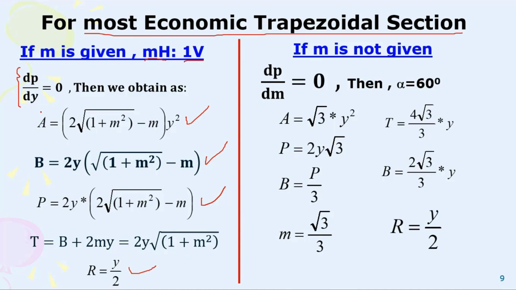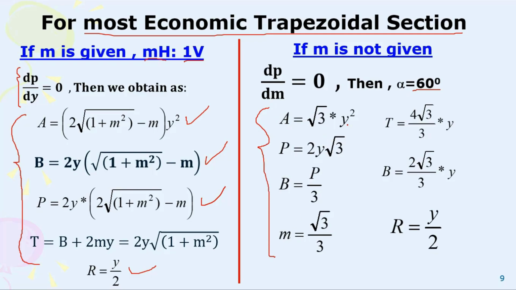These are the basic equations for the side slope if it is given. We differentiate dP by dy and equate to 0, and we found these results. If m is not given, you simply set dP by dm equal to 0. Then we found 60 degrees, or root 3 over 3. After substitution, we have these equations.